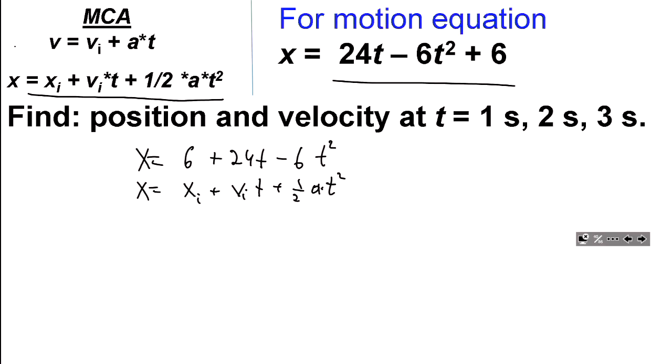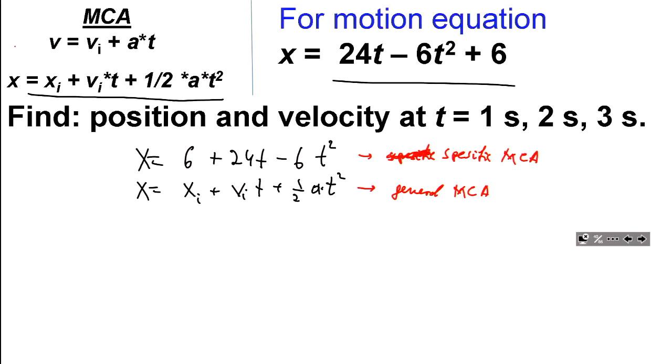So now, if you look at these two equations, this is a general equation for motion with constant acceleration. This is a specific equation for motion with constant acceleration.